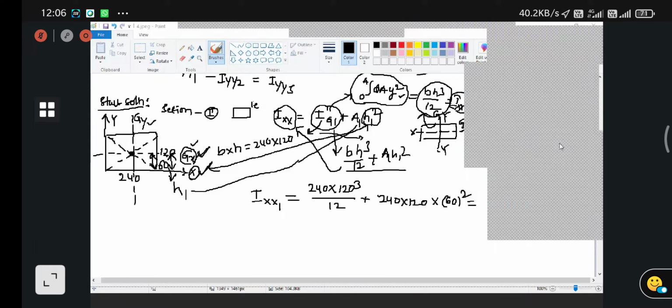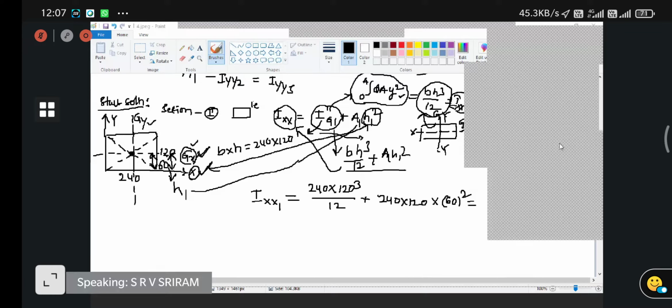240 into 120 whole cube divided by 12 plus 240 into 120 into 60 whole square. So how much value is it going to give?